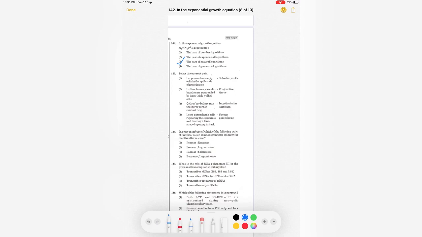Question number 143. Select the correct pair. Large colorless empty cells in the epidermis of grass leaf are not subsidiary cells, instead they are bulliform cells. In dicot leaves, vascular bundles are surrounded by large thick-walled cells, that is not conjunctive tissue, instead it is bundle sheath cells. Cells of medullary rays that form a part of the cambial ring, that is interfascicular cambium.